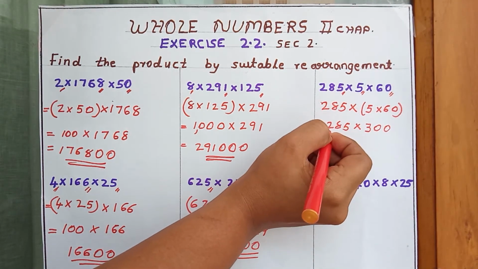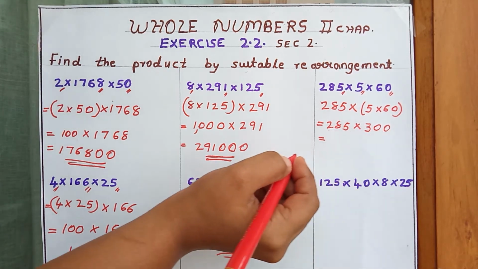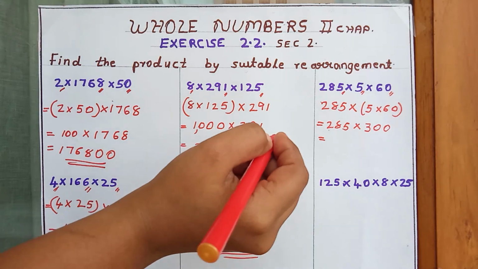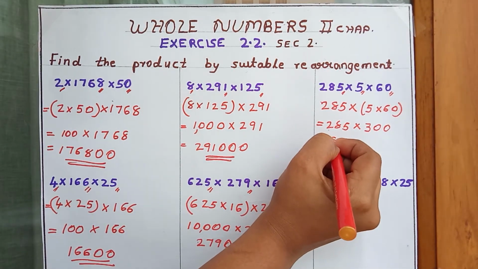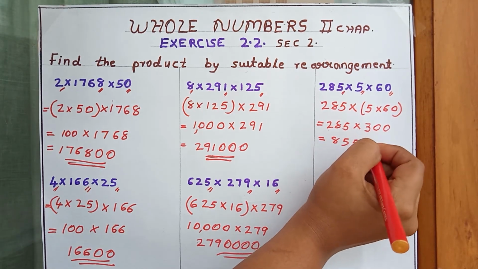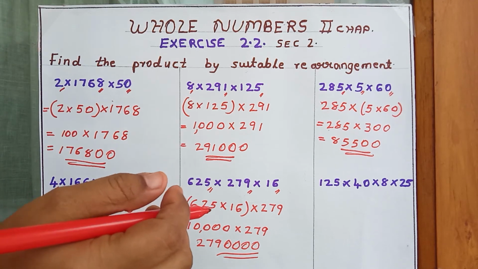So just multiply 285 into 3 first and then put 2 more zeros. 285 into 3, 855, and then 2 more zeros. So again our calculation became too easy.